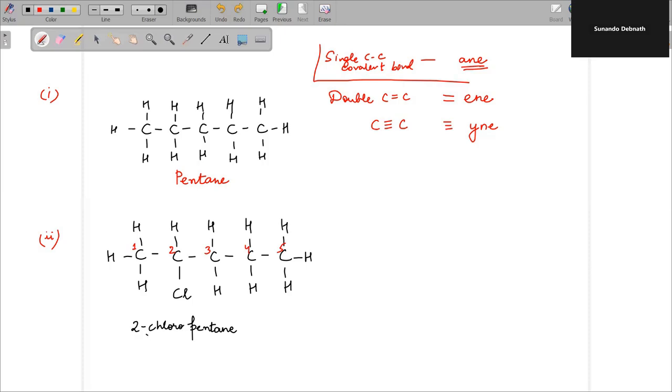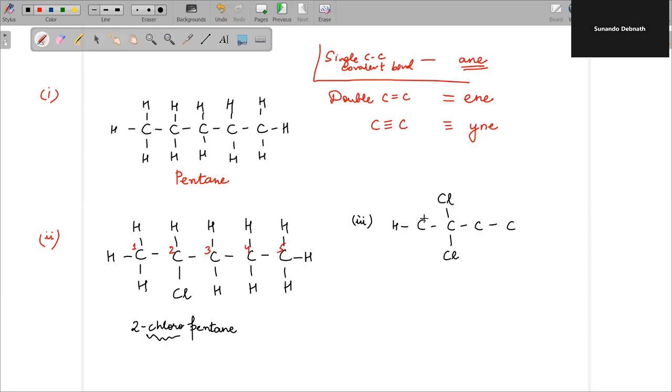Clear? So you have seen that chlorine is added as a prefix. Suppose you have two chlorines connected somewhere. Again, suppose I draw, say we have 4 carbon atoms connected this time, and a chlorine here, and again a chlorine here, attached to the same carbon.